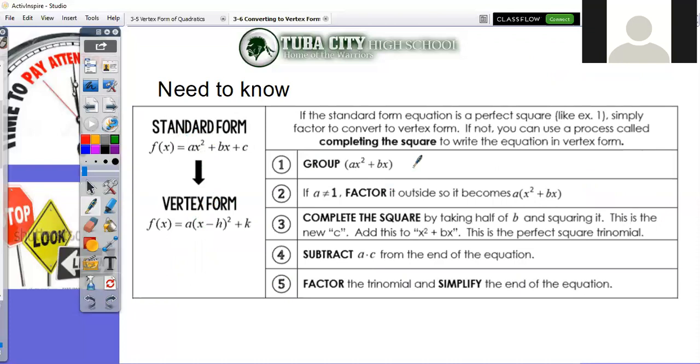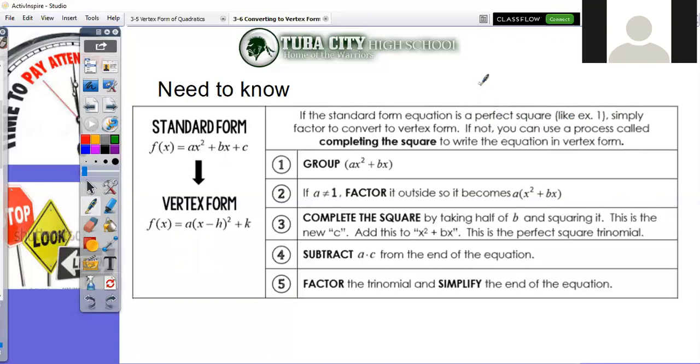So again, we're looking for a perfect square. So remember what we were looking for. Okay, so let's see. If the standard form equation is a perfect square, like 1, simply factor and convert it to vertex form. If not, you can use a process called completing the square to write the equation in vertex form.